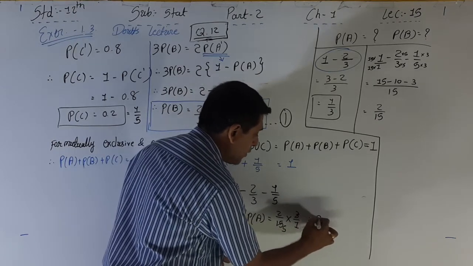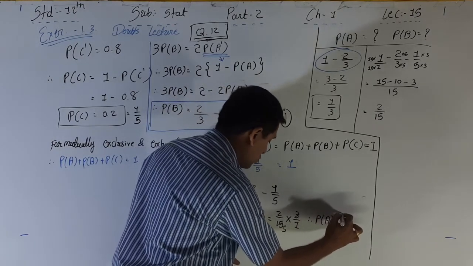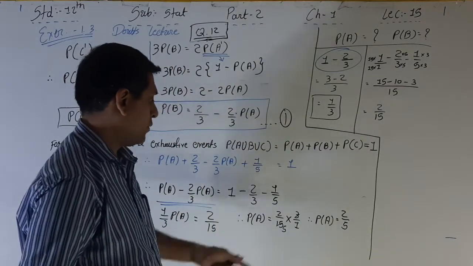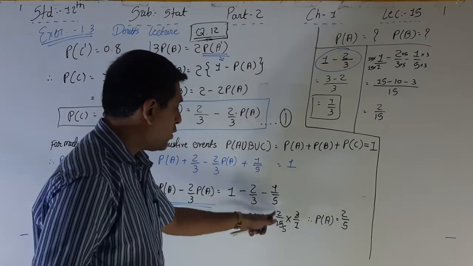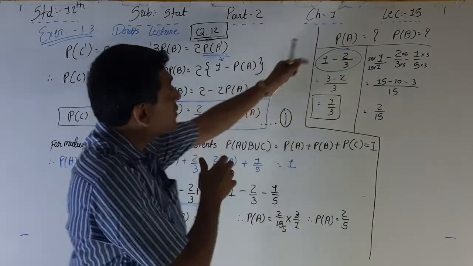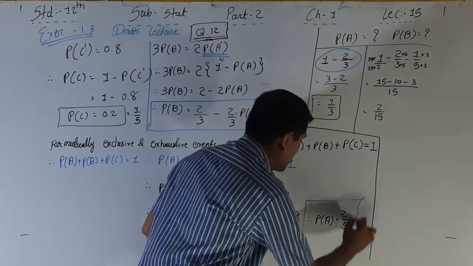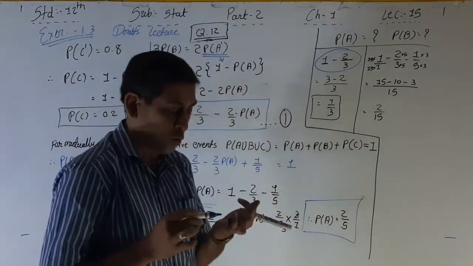That's why we can say P of A is equal to 2 by 5. Your first answer, see, we want what? P of A. Here we get the first answer. P of A is equal to 2 by 5.